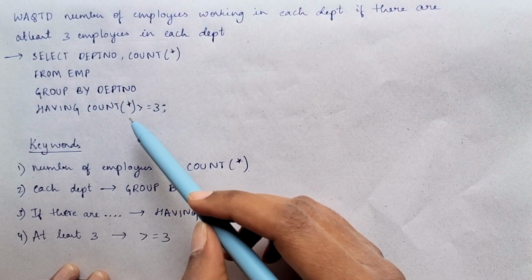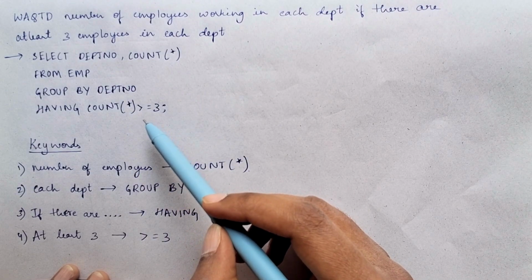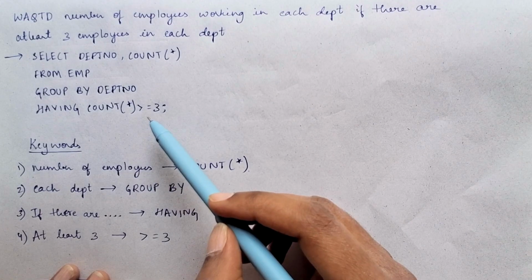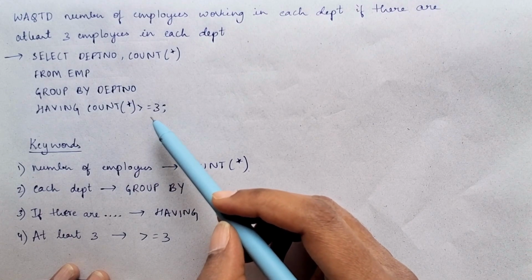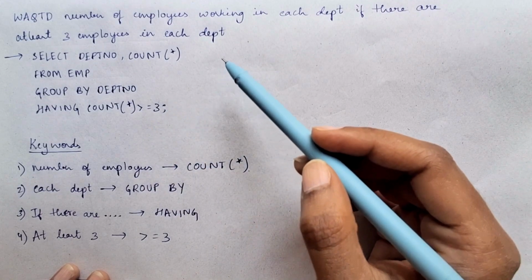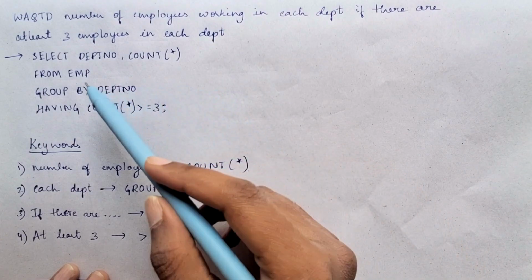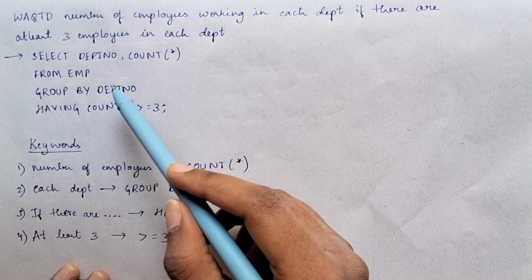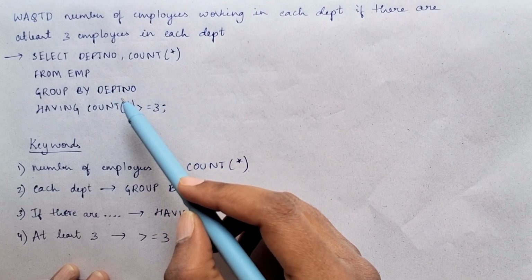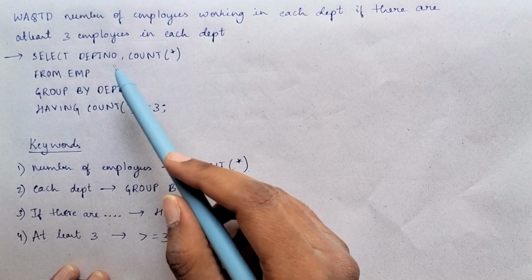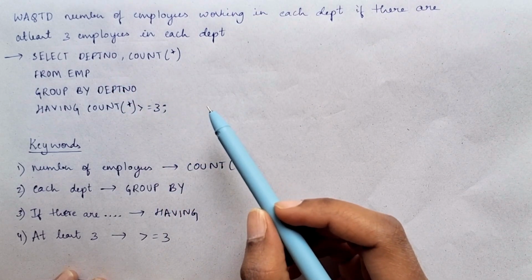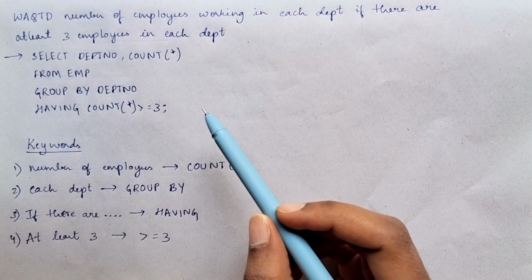And we have used greater than or equal to 3 because the department should have 3 or more than 3 employees. And of course, since it's an employee data, the table is EMP. And guys, the column which we used in group by should also be used in select clause. Okay, I think now you got the clear idea how to write a query.